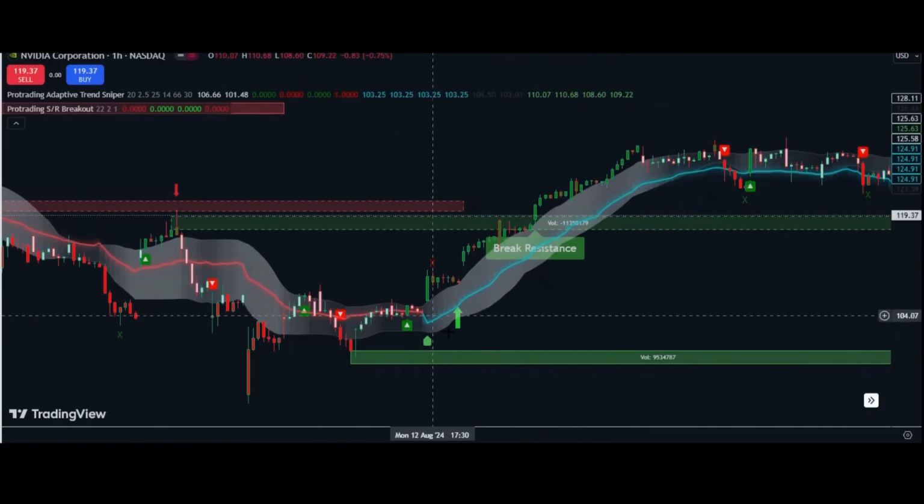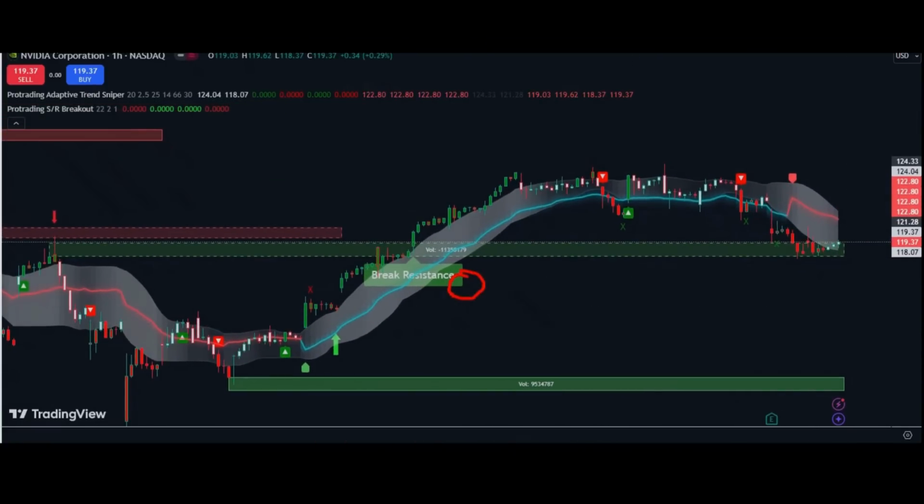Once you get this arrow telling you that it is an opportunity for you to buy, this is the point at which, once this candle finishes, you need to enter the trade. From here, the moment this candle is closed, you need to enter your buy trade, because you have already identified that the trend is moving up.